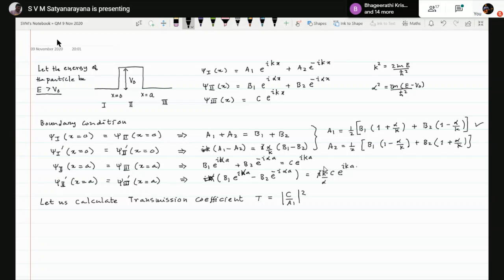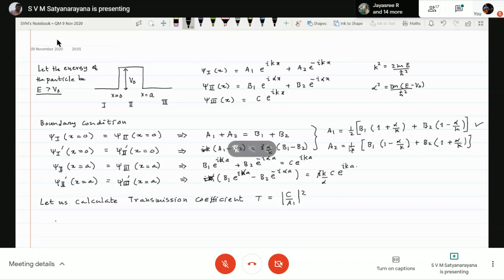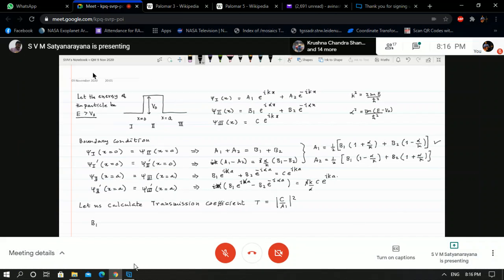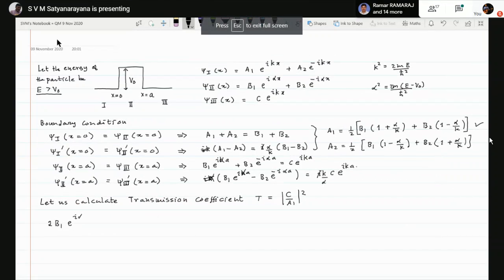If I add these two things, I can write down B1: 2 times B1 into e to the power i alpha a is equal to 1 plus k by alpha into C into e to the power i k a.